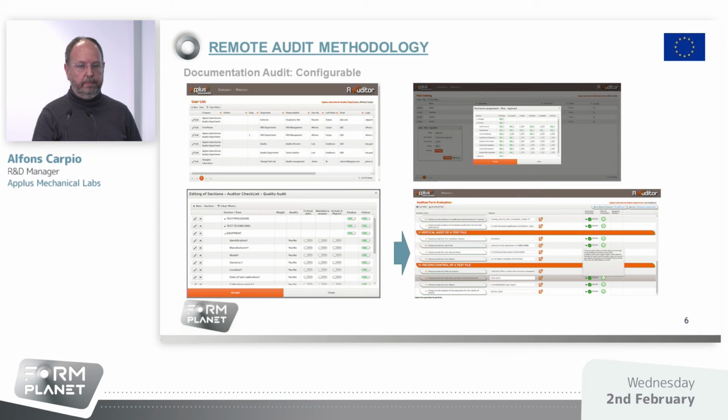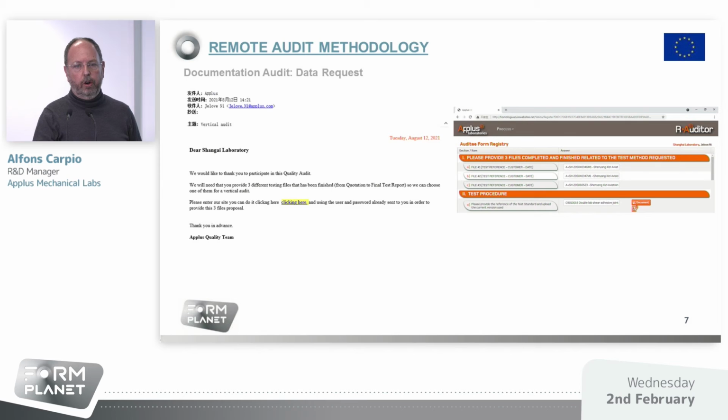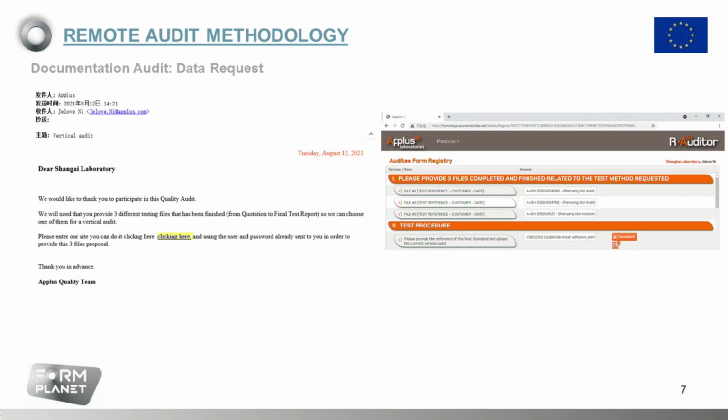In order to perform the remote audit on the documentation side, we have developed a tool, and we have seen that it's very important for it to be configurable, because from one quality system to another, many things can change. So it should be able to adapt to each of them. Also, it's important to request the data in the right way, with emails or templates.